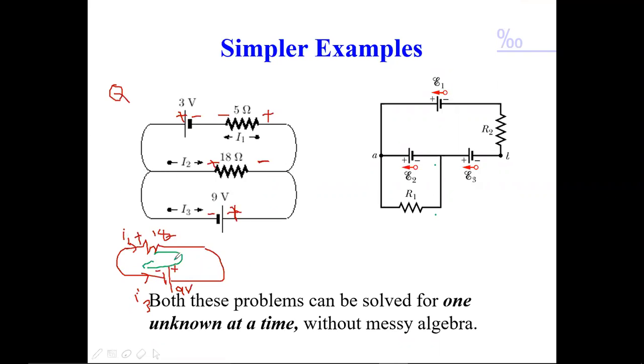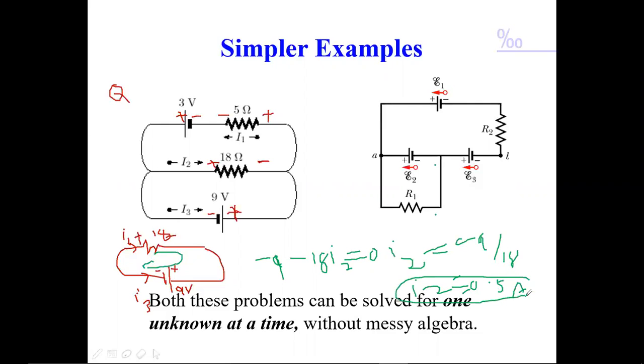For this, the leading sign is minus 9, and for this the leading sign is minus 18 I2 equals 0. Then my I2 value will be minus 9 by 18. Then my I2 is equal to minus 0.5 amps. Hope it is clear.